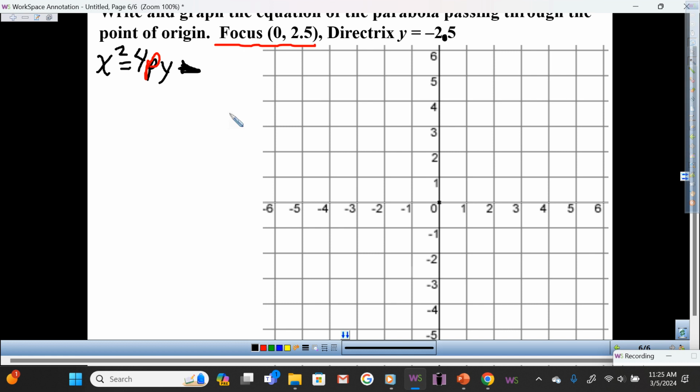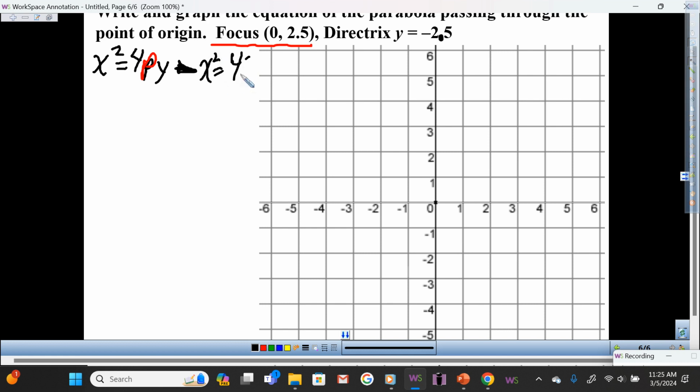So we're going to write x squared equals 4 parentheses y. And instead of P, we wrote what? 2.5. So, x squared equals 4 times 2.5, that is 10y.